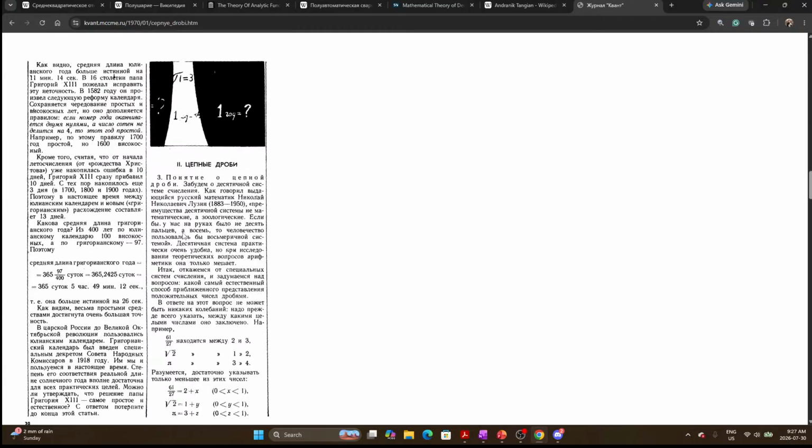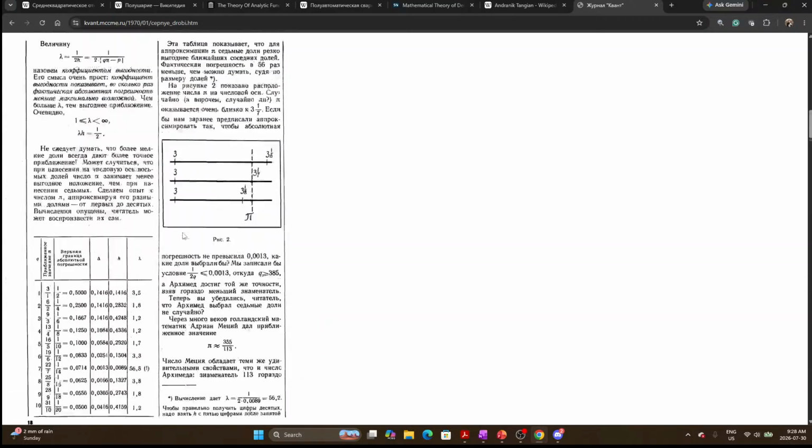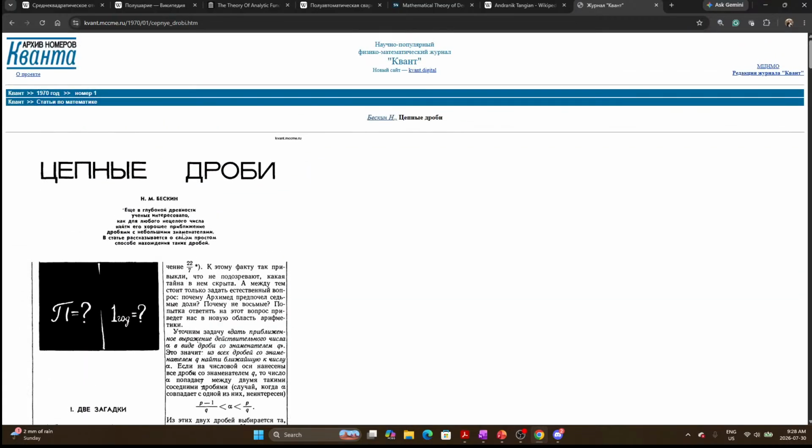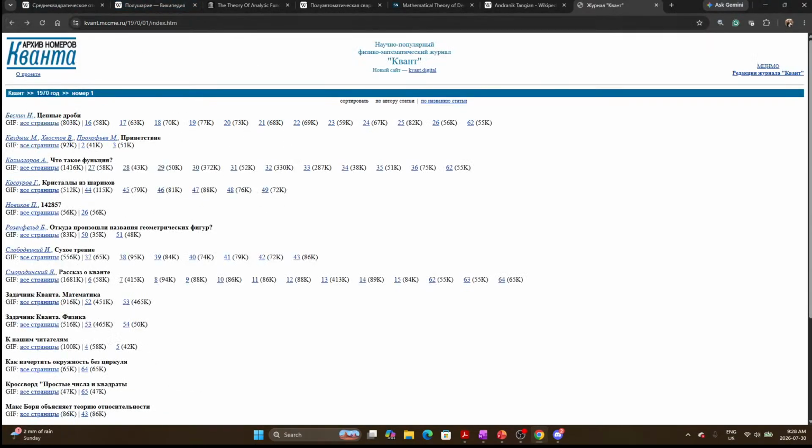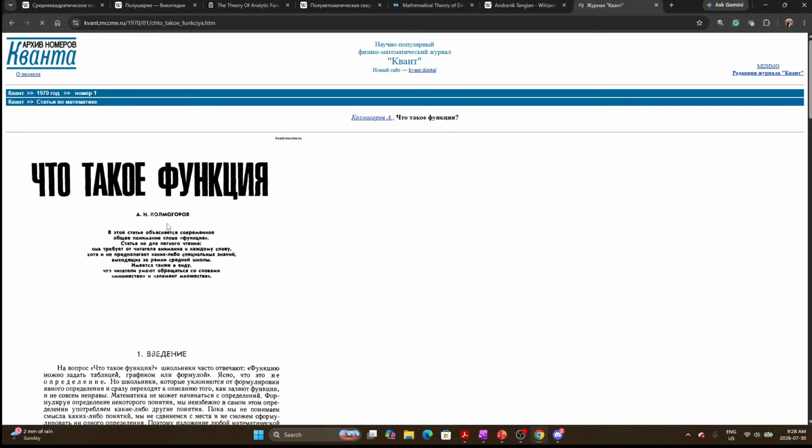But if you're actually interested in the actual math, they tend to shy away from it because they're afraid this will scare people away. But Quant is very rigorous, right?